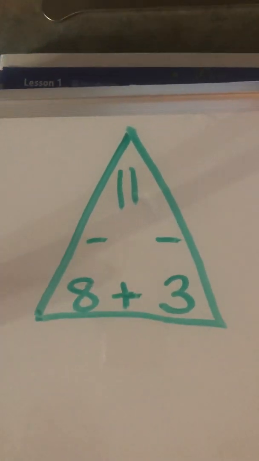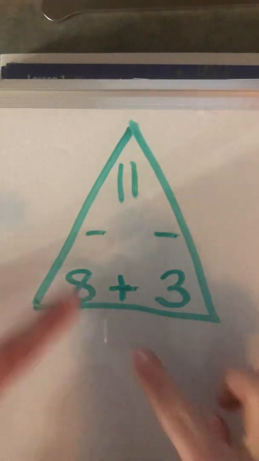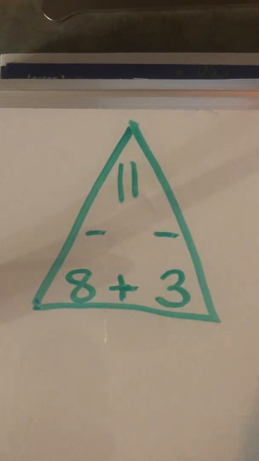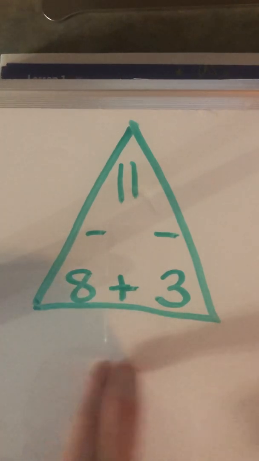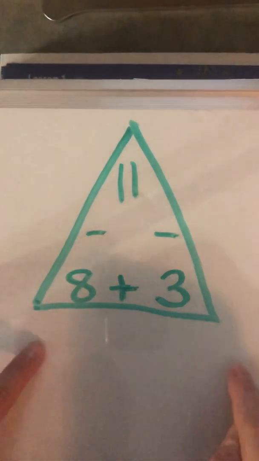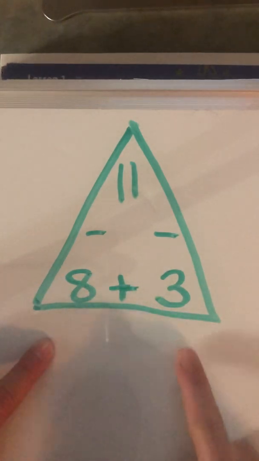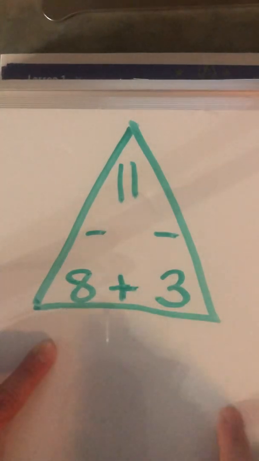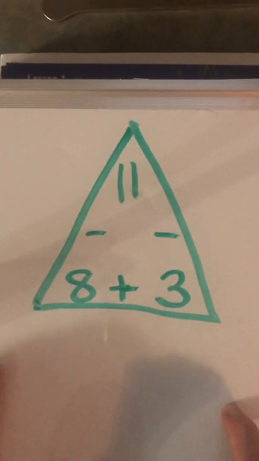Do you remember this? I'm going to show you my fact family I made. You can think of it as a triangle, and the biggest number, the whole, is going to go up at the very top. And then the 2 parts that you add together to get the whole are in each of these corners. And we can say that 8 and 3 makes 11, or we can say that 3 plus 8 would make 11.